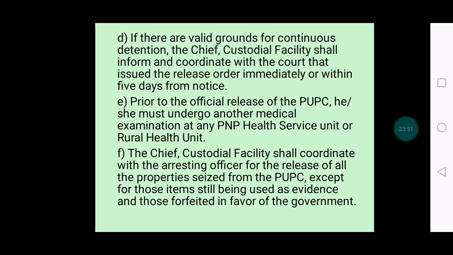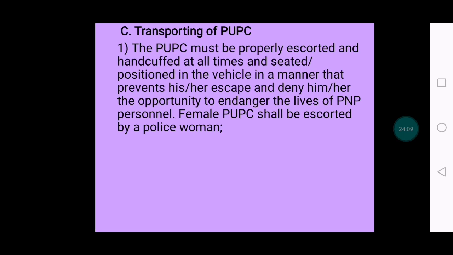The chief custodial facility shall coordinate with the arresting officer for the release of all the property seized from the PUPC, except for those items still being used as evidence and those forfeited in favor of the government. Next is transporting of PUPC.